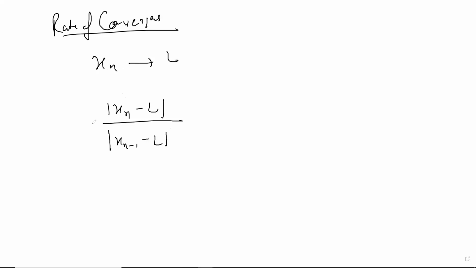You can find the ratio of this limit. The ratio of this limit can tell you how fast it is converging. That can be one definition. Usually there will be two different things which you want to compare, and then you can just take the ratios and you can find the limit.